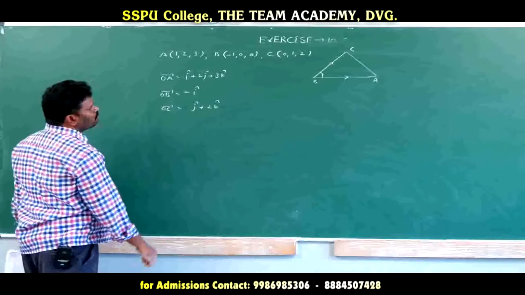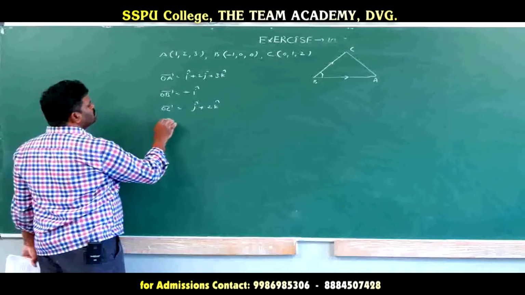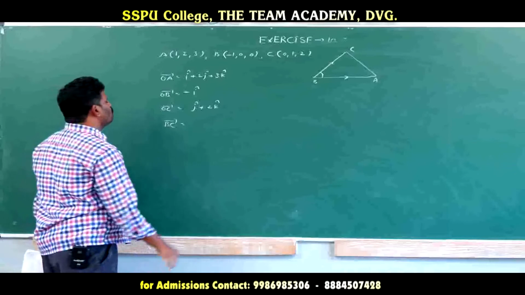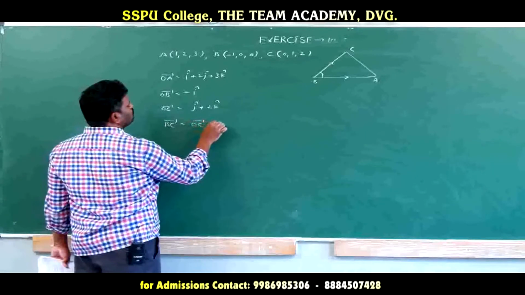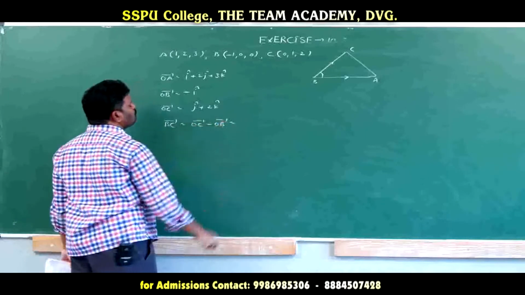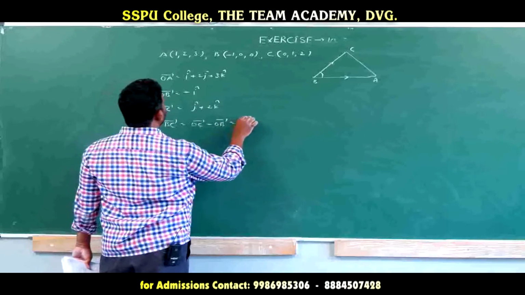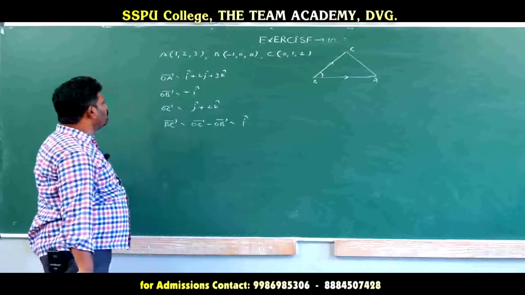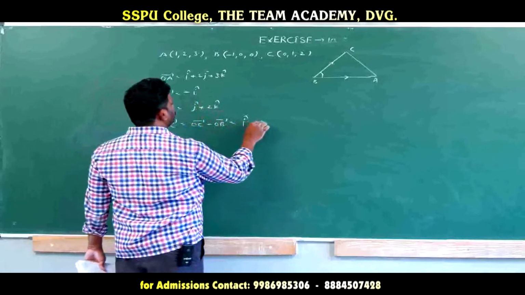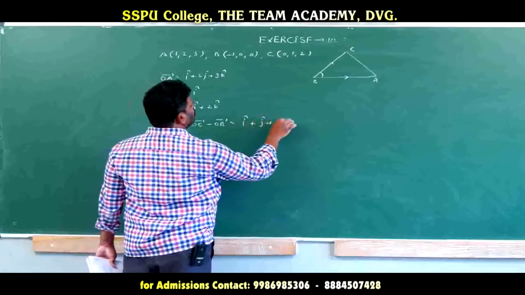First we find the BC vector and the BA vector. BC is OC bar minus OB bar: the i value is 0 plus i cap, so plus i cap, the j value is j cap, plus 2k cap.